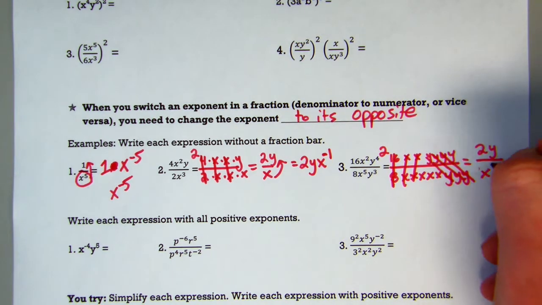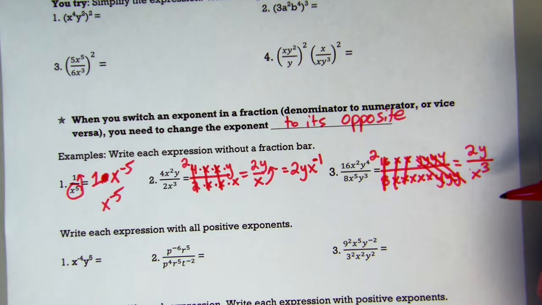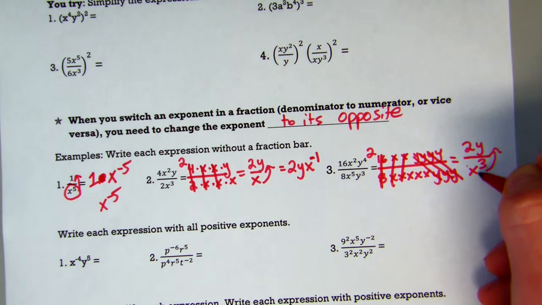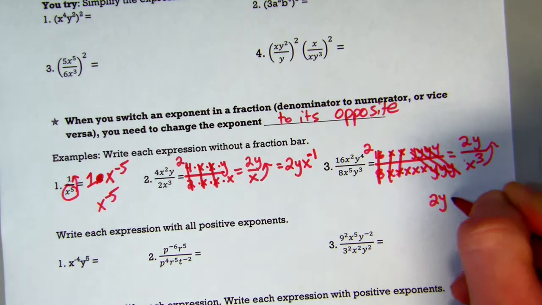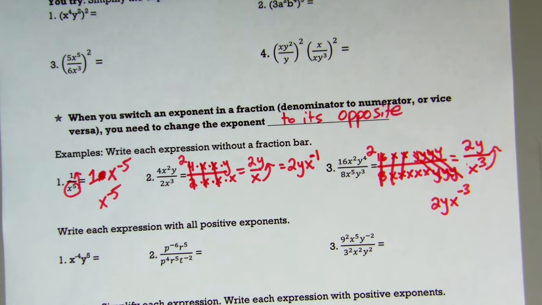So we have 2y over x. There's one fraction bar, so I need to move x to the numerator to change it to x to the negative 3rd power. So my final is going to be 2y.